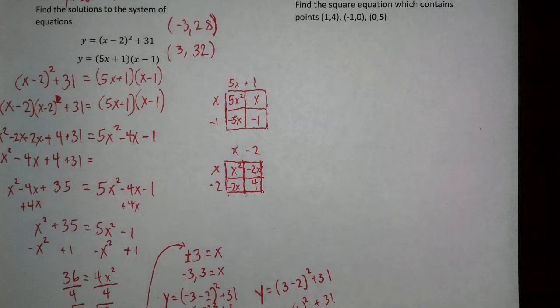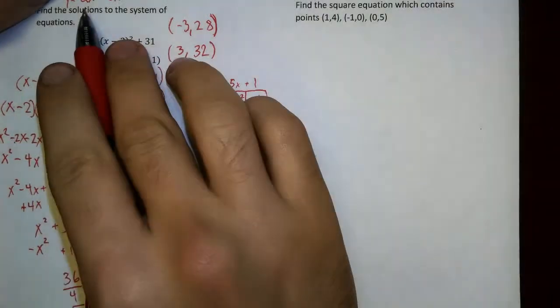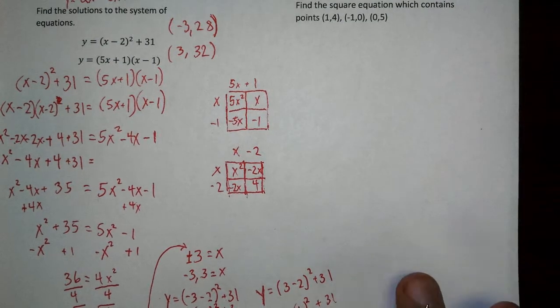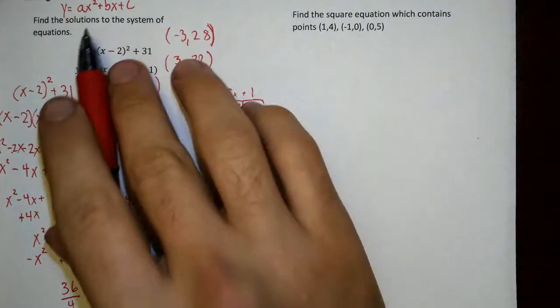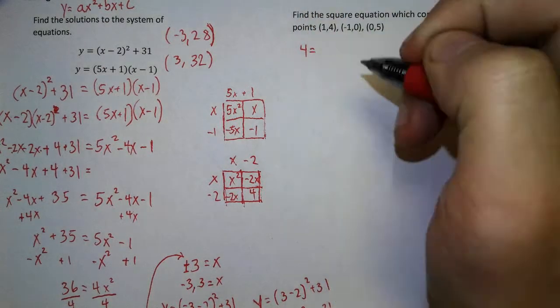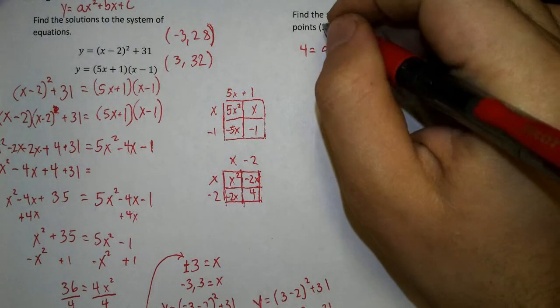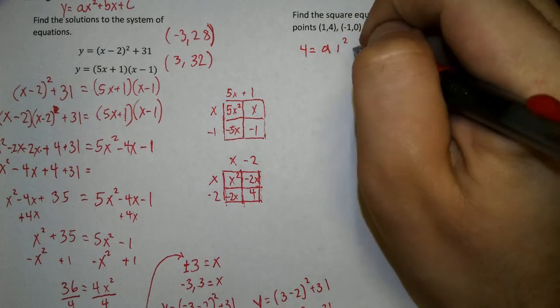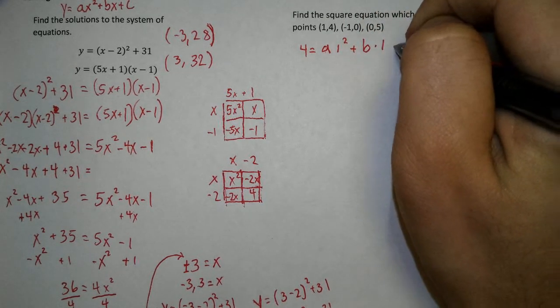Now, I guess I'll go ahead and tell you the trick to this. We're just going to run with standard form and make a realization about this. So plugging these into our standard form, we have 4 equals a times 1 squared plus b times 1 plus c.